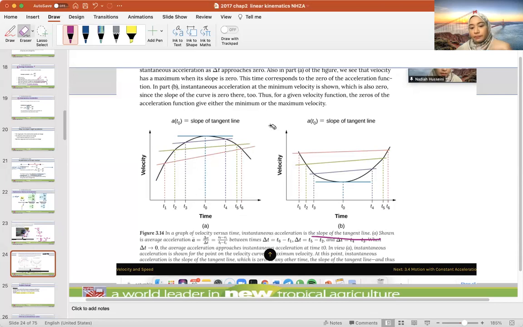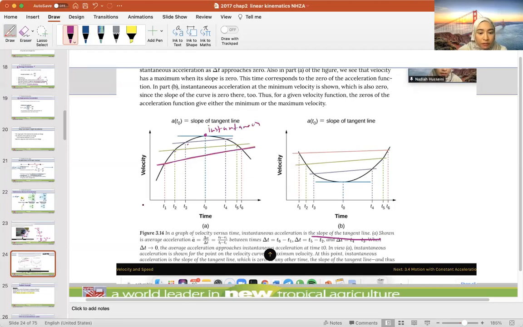Oh, okay. So it has many times here. This one is talking about the tangent between time 6 and time 1. This is between time 5 and time 2. And this is time 4 and time 3. And this is at a single time. So this is what we call instantaneous, at a single time.